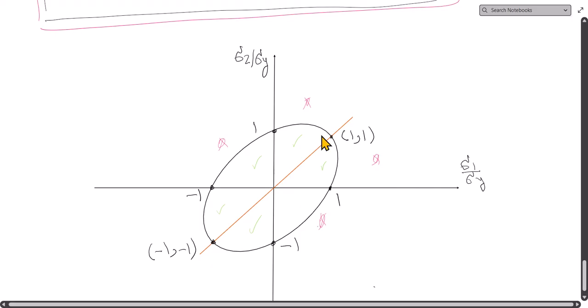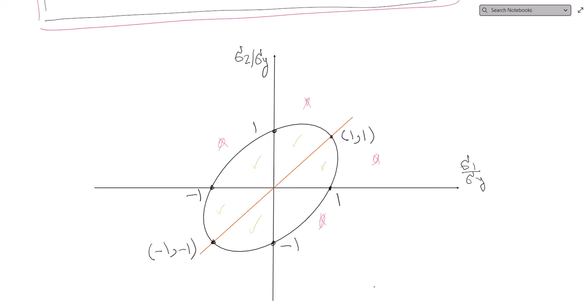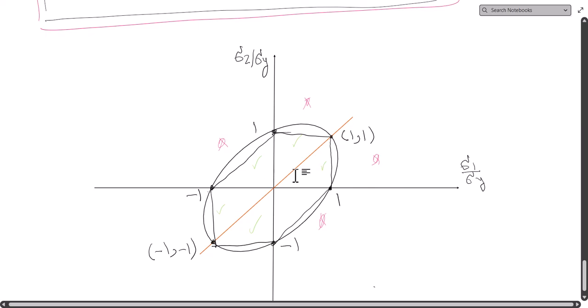So this is the safe zone inside this elliptic shape. Now it is interesting that if you draw the Tresca, and I'm scaling it here, Tresca will sit inside this ellipse.